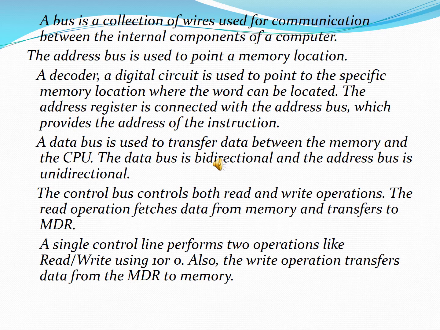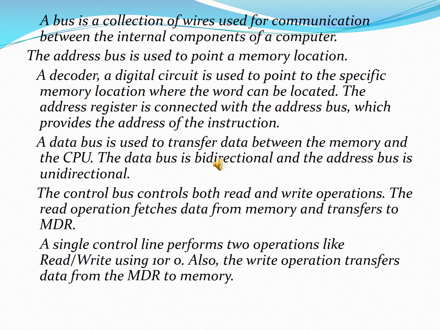Okay. After the address is placed in the memory address register, ALU places that address on the address bus. The address bus carries it from the CPU. The address identifies the correct location in memory for the read operation.